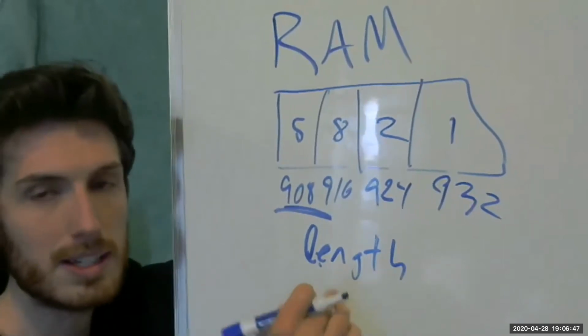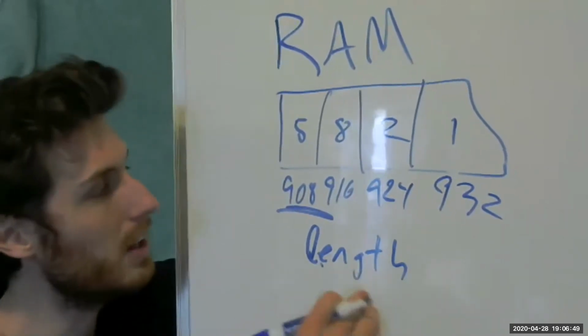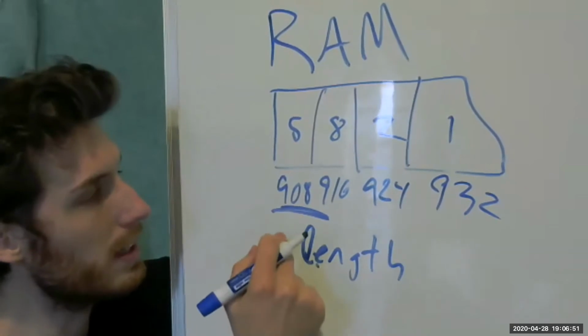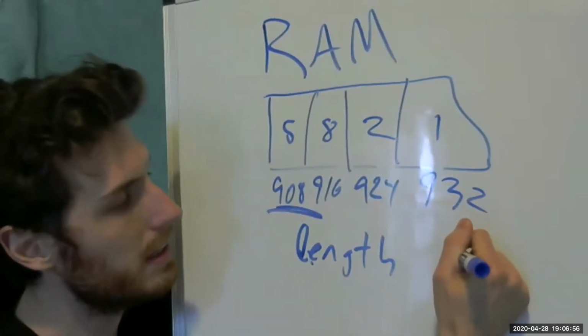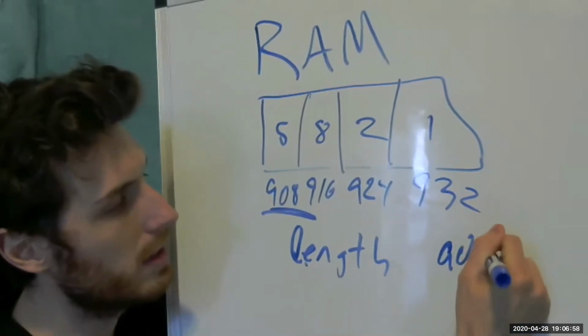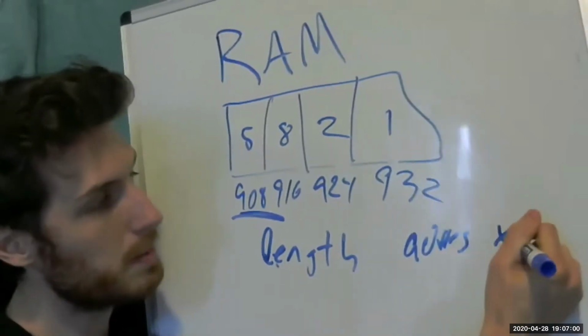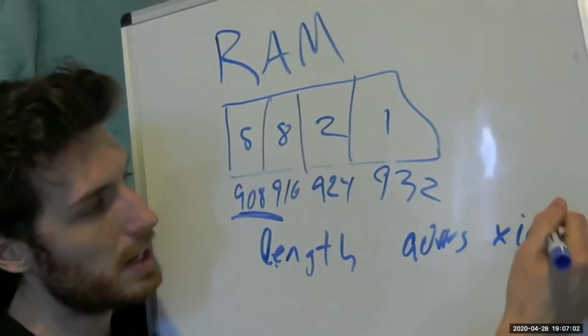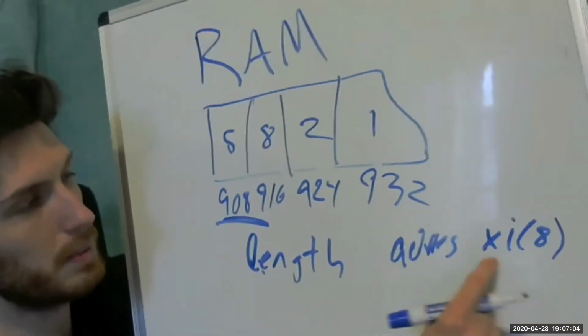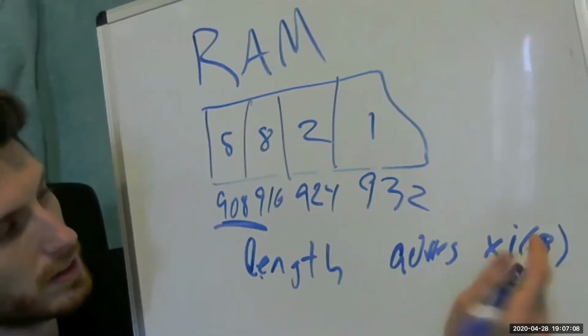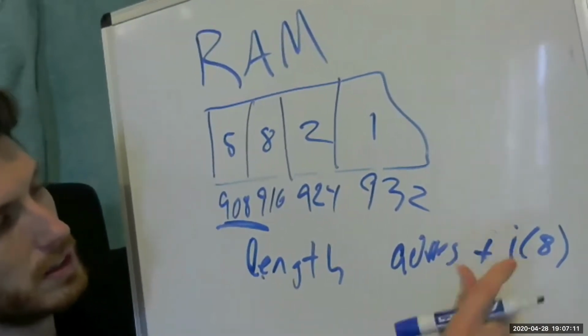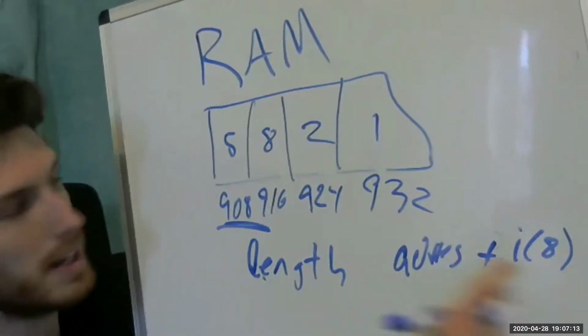This is the second element at 908, so it's just like the address plus index times 8. This is like for the 8-bit or something. So the 0th thing, I0 times 8 is 0.